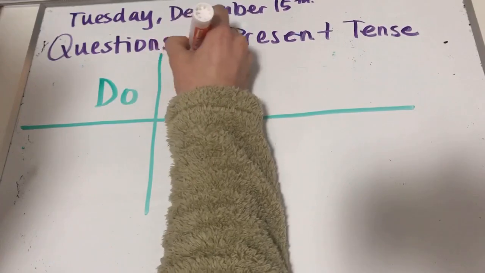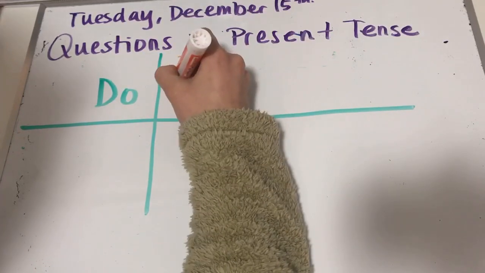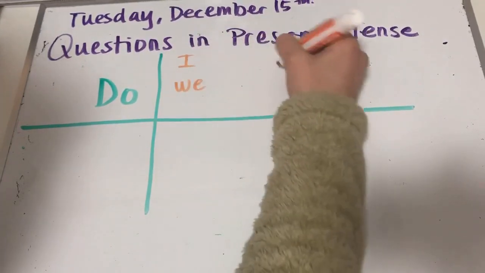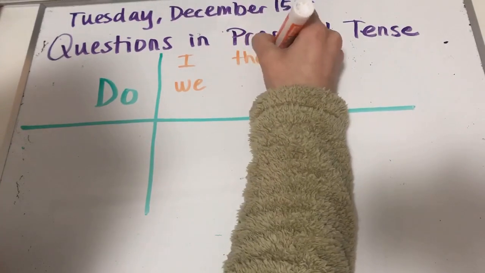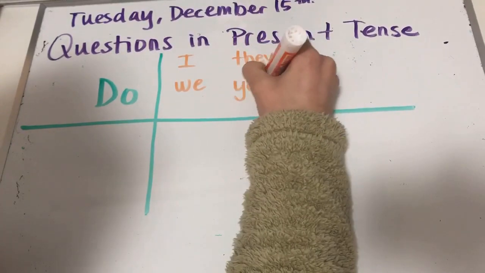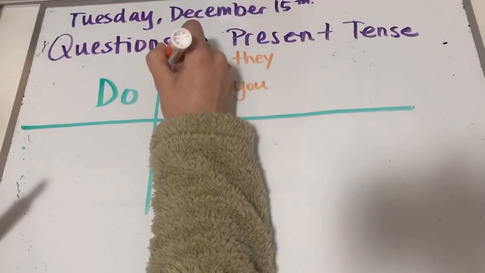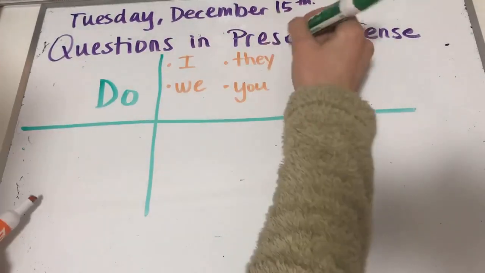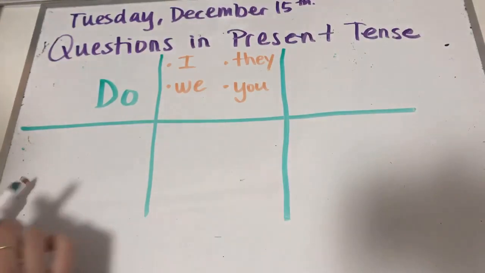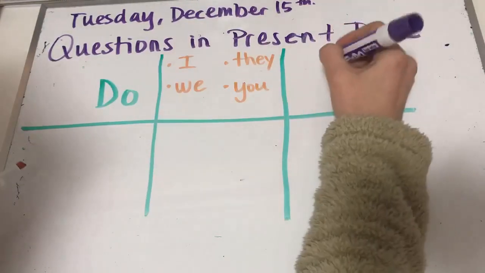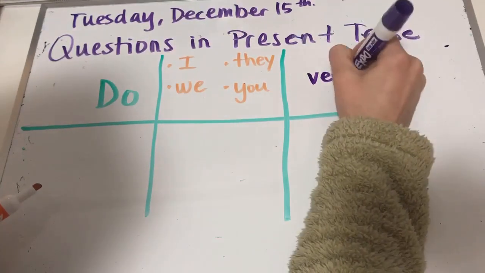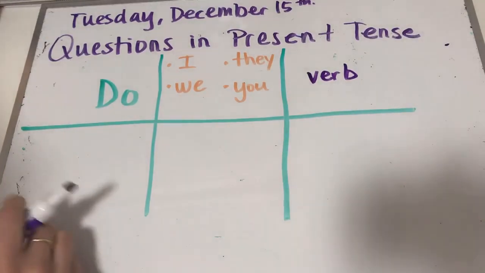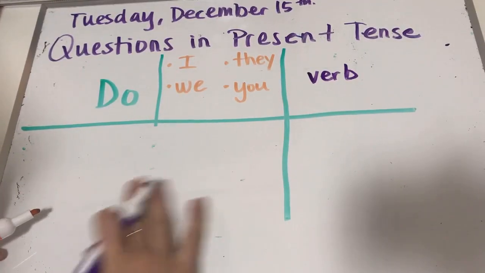Do I, we, they, or you. Okay, we have these options. And then we have a verb in the infinitive form.